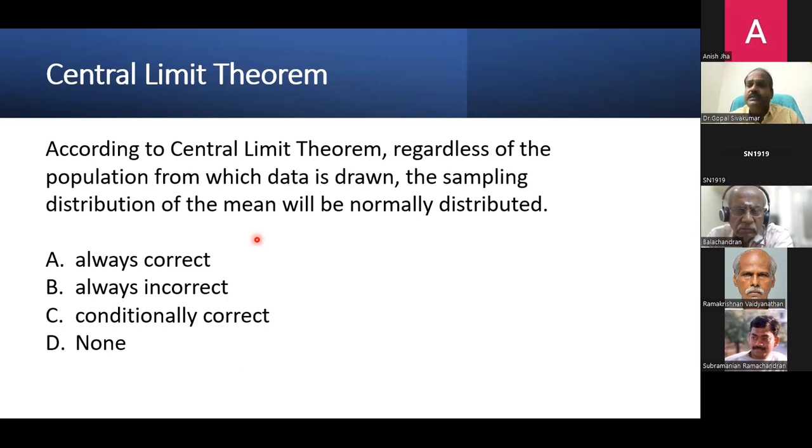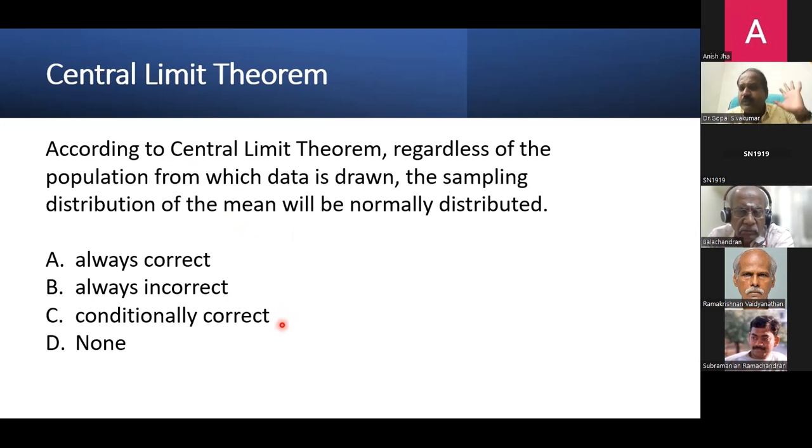The only condition is that the subgroup size or the sample size must be adequate. If you read the entire statement, they did not mention anything about the sample size. So that condition alone is missing. Having added that condition, the statement is correct. So conditionally correct.